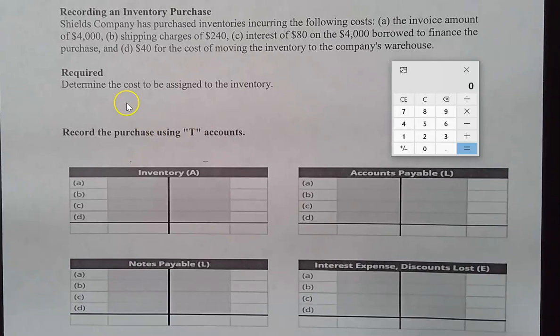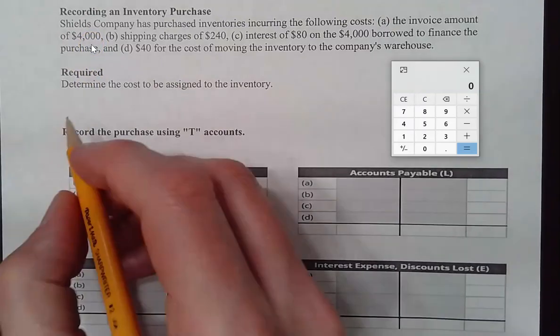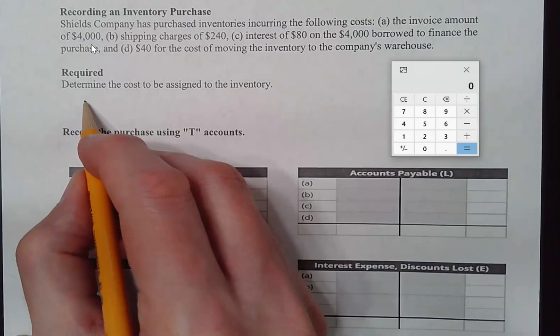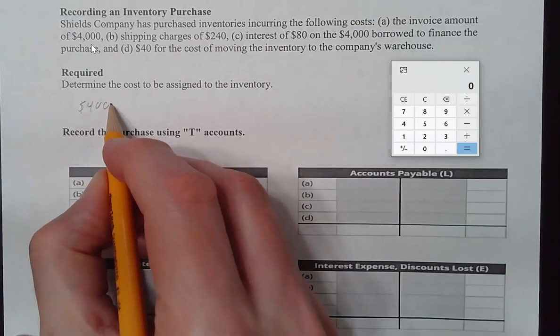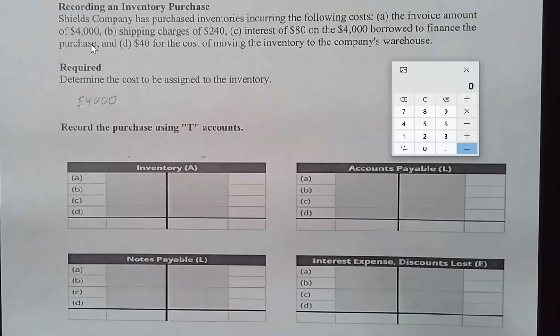We have an invoice value here of $4,000, and that is where we should start off. Now, one thing that we do not have in this particular example is any purchase discount terms such as 2/10, net 30, anything like that.